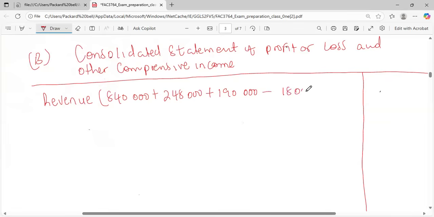Are we together? It's an intra-group sale that has to be eliminated. So it's going to affect our revenue and the cost of sale as well. So how much are we going to have here? We just come and say this minus 18,000.